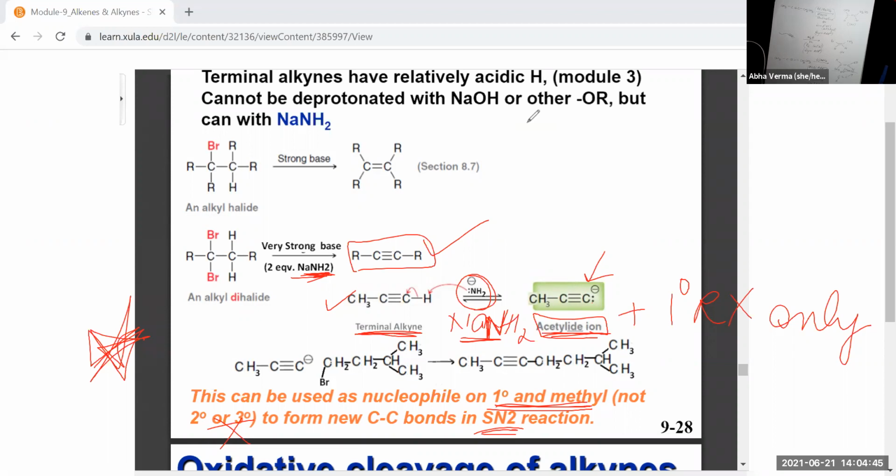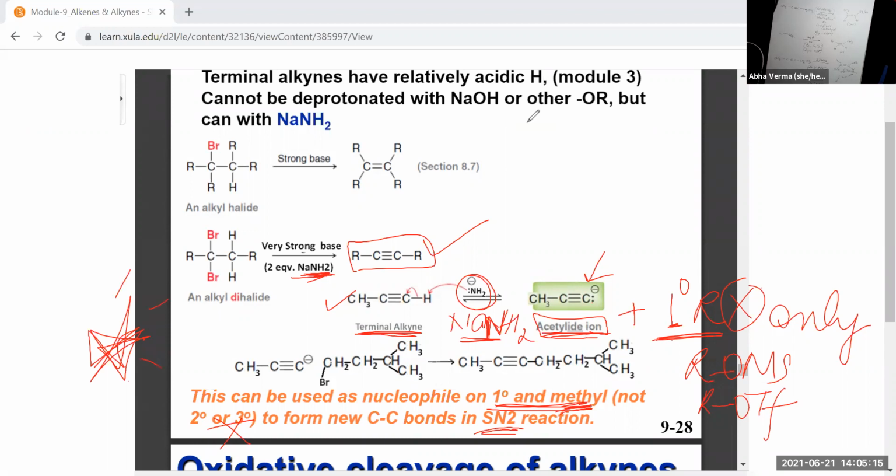It needs to react faster with a primary alkyl halide or a methyl halide. Not just methyl halides. When I say this, you can also have ROMs, ROTf, and so on, as long as you have a good leaving group with a primary site or a methyl site.